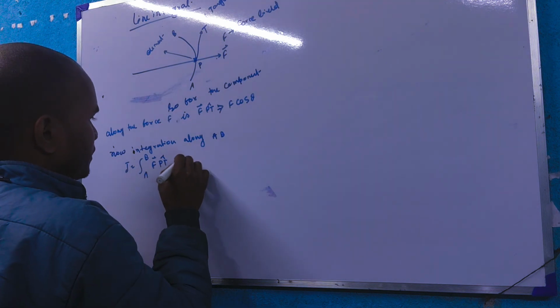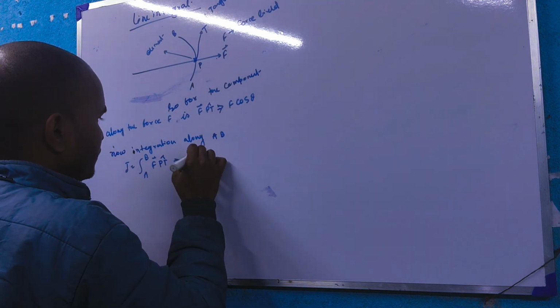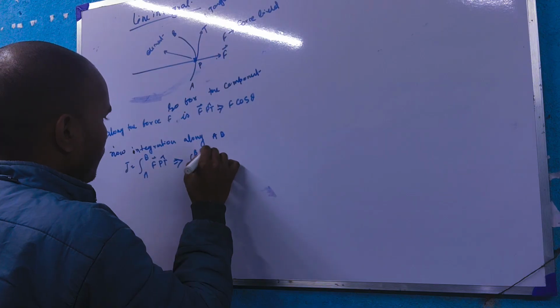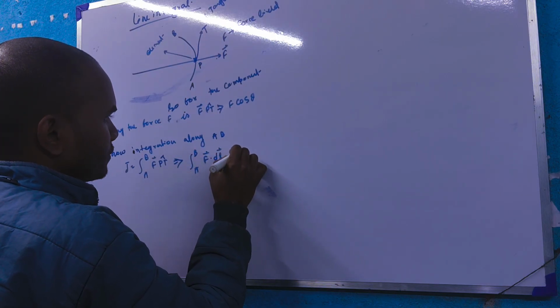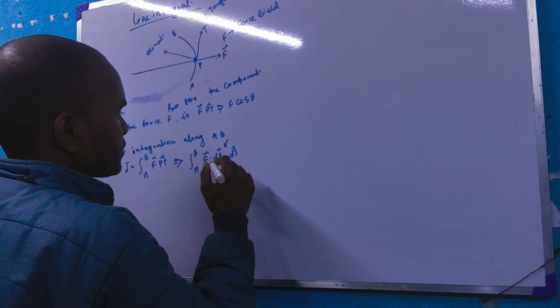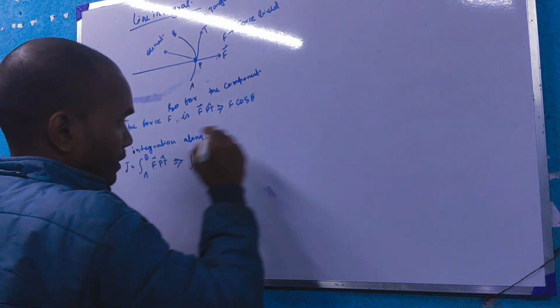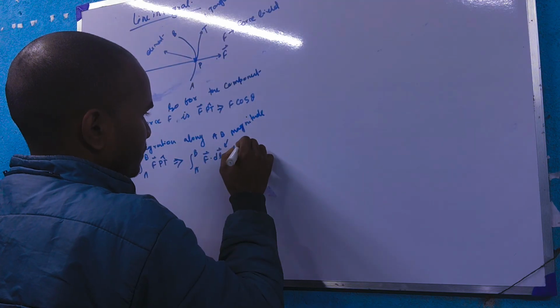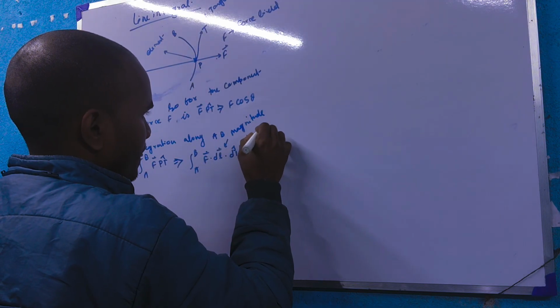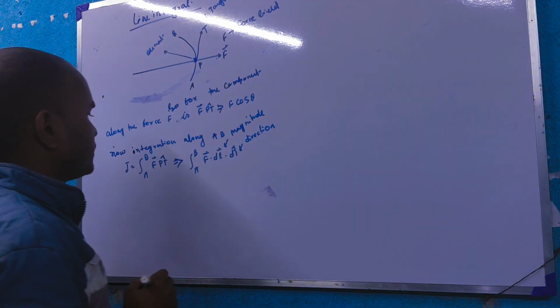And this FPT is converted into the integral from A to B of F dot dl PT, where dl represents the magnitude and PT represents the direction.